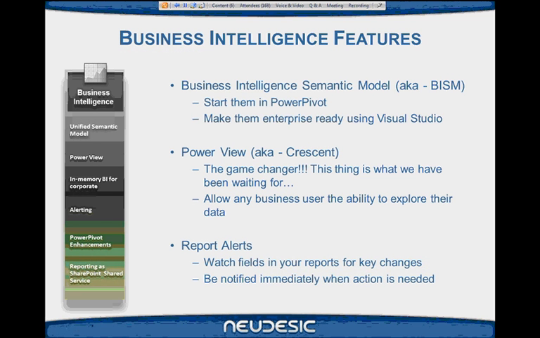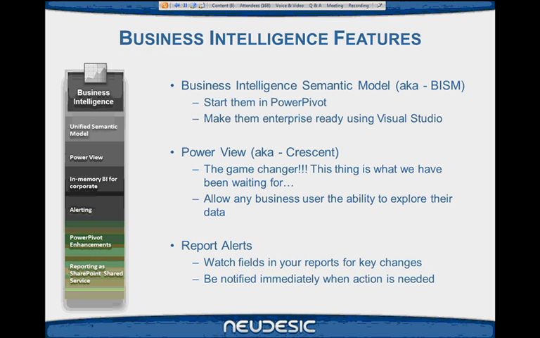I'll show you a little quick demo as we get to it here that will go over Power View and actually creating new reports in Power View, and you'll get to see how easy that is. Also allow any business user the ability to explore their data. So if you create that business intelligence semantic model that could sit underneath Power View, they could explore their data and really kind of do a lot of different findings with that data as well.